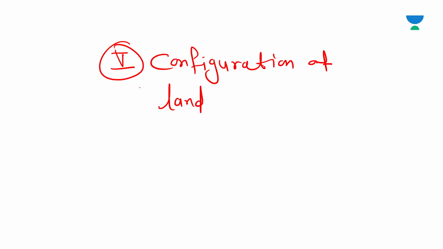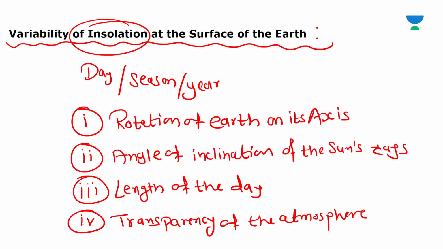Now, the last two, however, have less influence, which means configuration of land and transparency of the atmosphere.